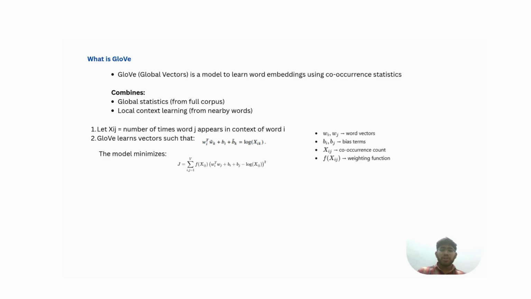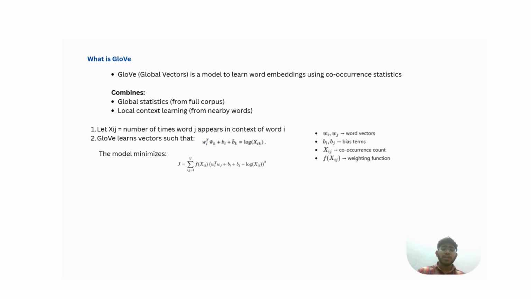Now let's see what GloVe is. GloVe stands for Global Vectors for Word Representation. It is based on a very simple but powerful idea. Instead of predicting words directly, we use the statistics of how often words appear together. We construct a co-occurrence matrix where each element Xij represents how often word j appears in the context of word i.